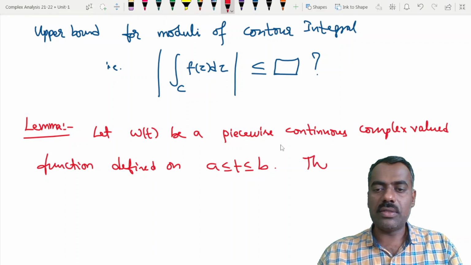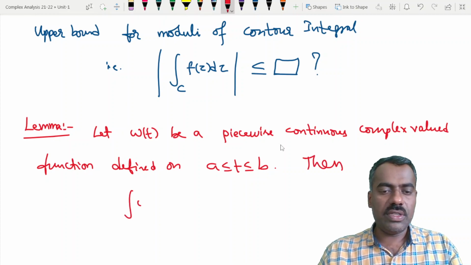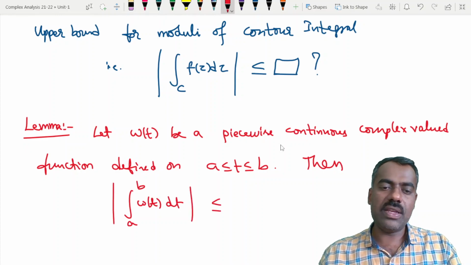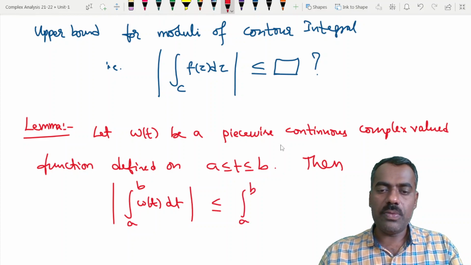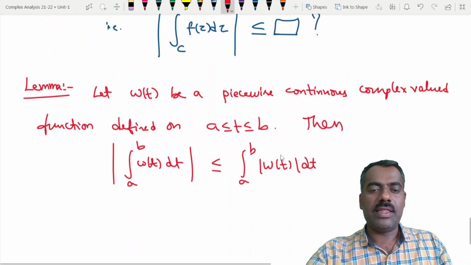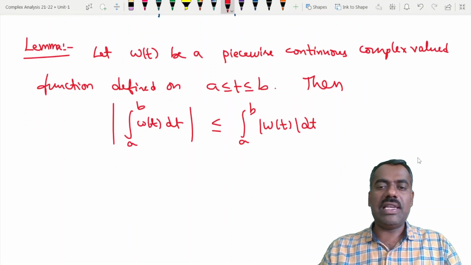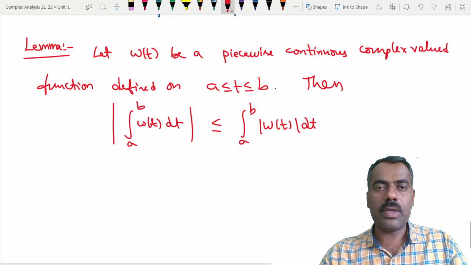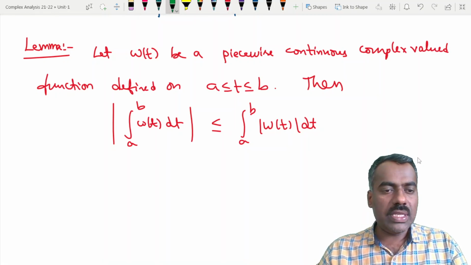Then the absolute value of the integration of W of t dt from a to b is less than or equal to the integration from a to b of the modulus of W of t dt. That means this value is less than or equal to the integration of the absolute value of W of t. Okay, let's prove this.